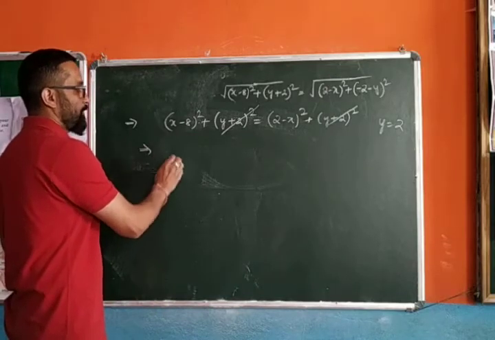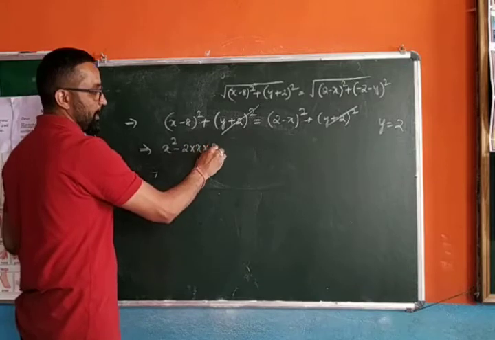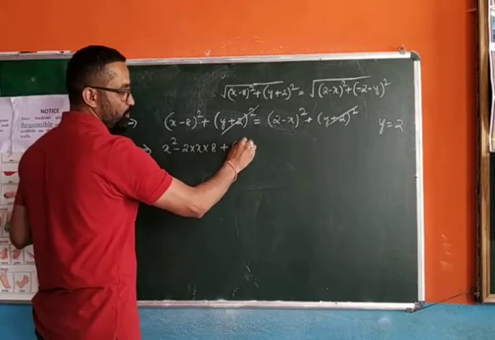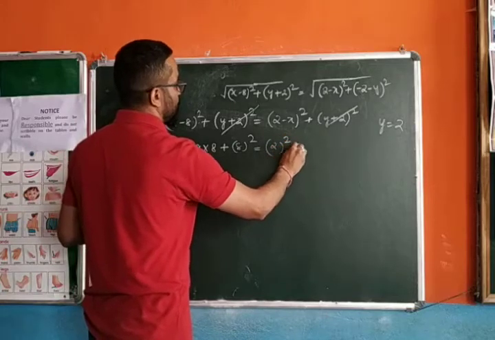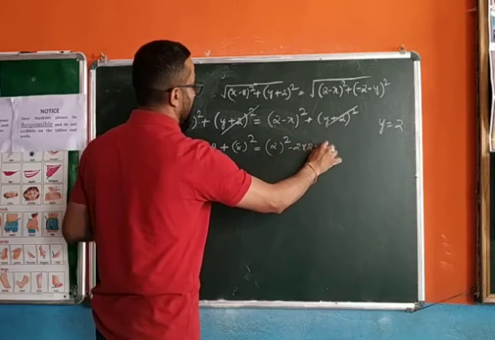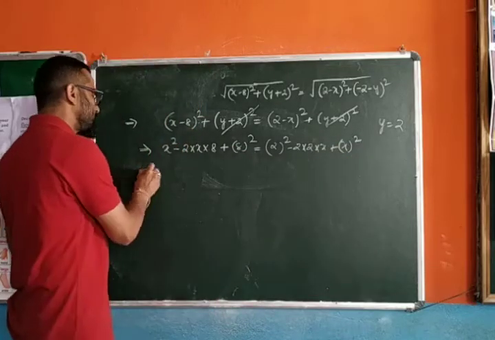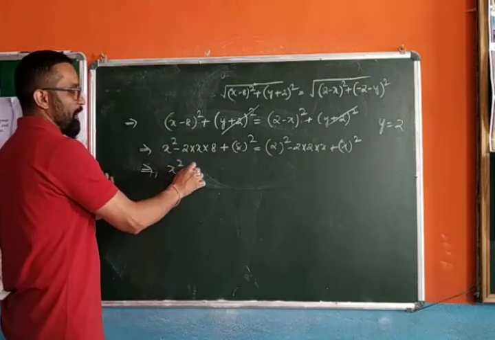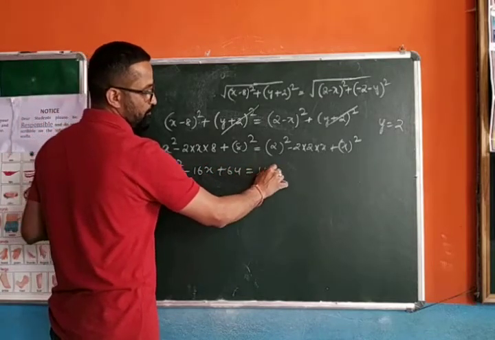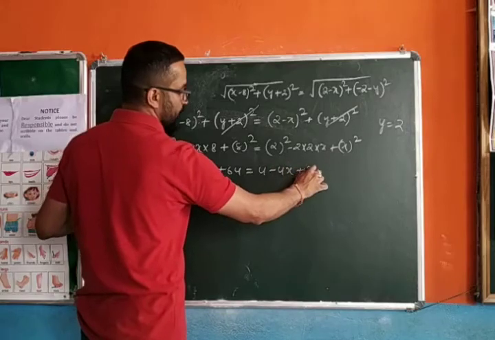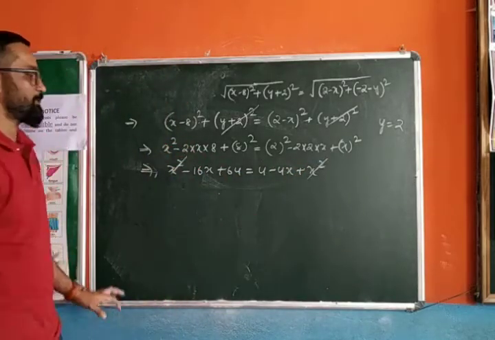Expand it now. x square minus 2 into x into 8 plus 8 whole square. 2 whole square minus 2 into x plus x whole square. Simplify it. x square minus 16x plus 64 equals 4 minus 4x plus x square. x square cancels from both the sides.